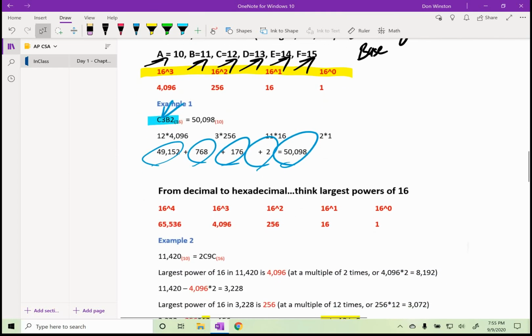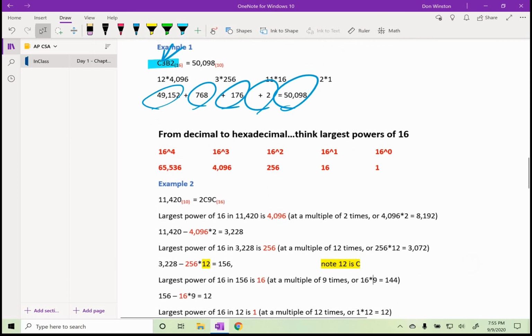So what if we go back the other way? From decimal to hexadecimal. Think largest power of 16. Example. So let's say here I have 11,420 base 10. What is that base 16?